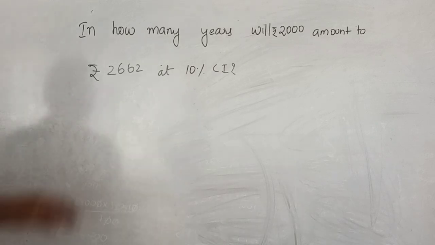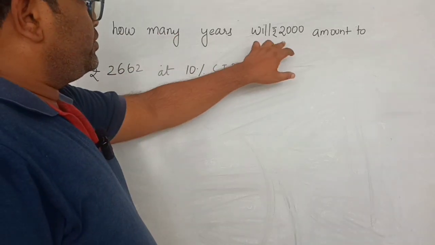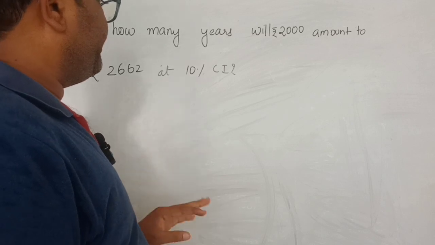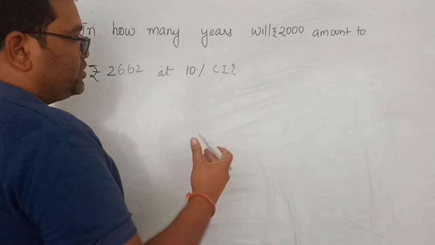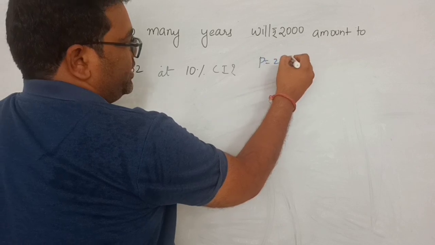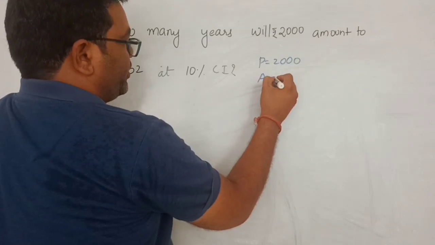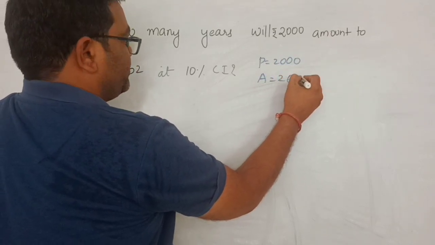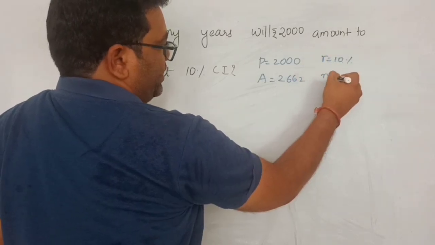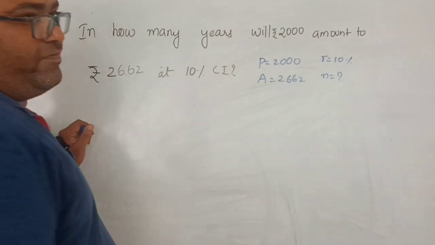In how many years will 2000 amount to 2662 at 10% compound interest? So here the principal amount is given, 2000, and the amount is also given, 2662. Rate of interest is given, 10%, but the number of years you have to find out.